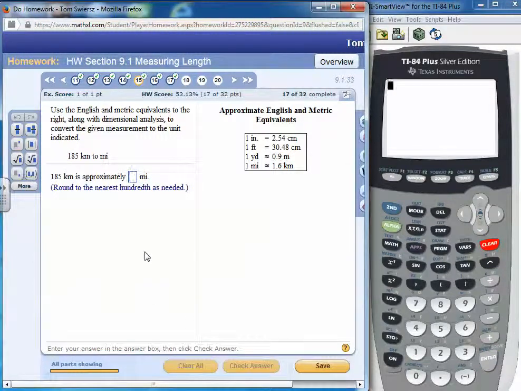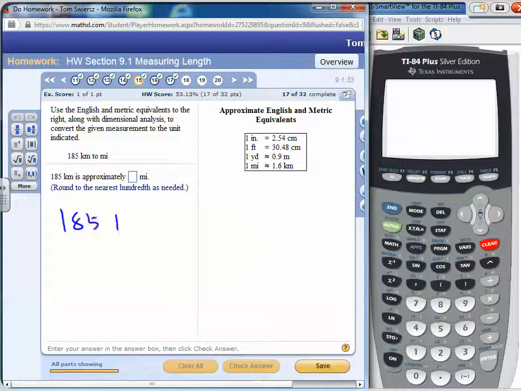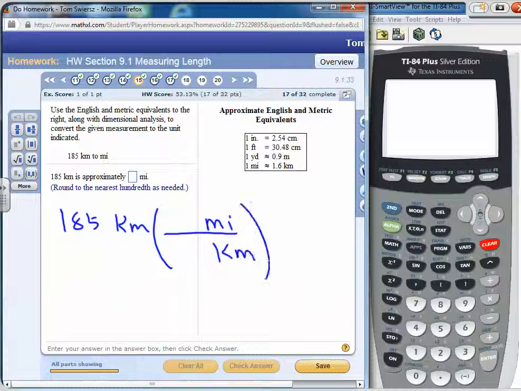Okay, now for problem number 15, we have 185 kilometers to miles. Okay, so now we have 185 kilometers. We want to get miles, that goes in the numerator. Kilometers goes in the denominator because we want to cancel.